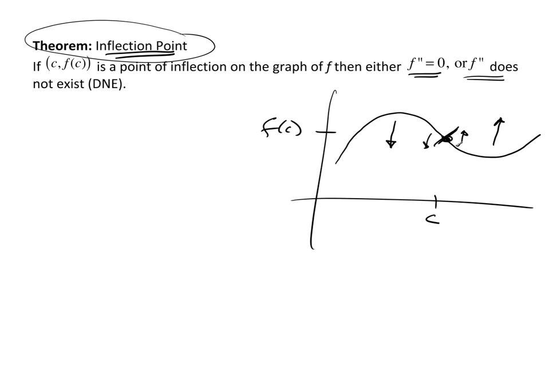There's a change in concavity at that inflection point. So that's the basic idea behind concavity, how to determine what the concavity is, and to identify the inflection point where the concavity changes. So now what we need to do is simply take a look at some examples to see how to apply all of this.